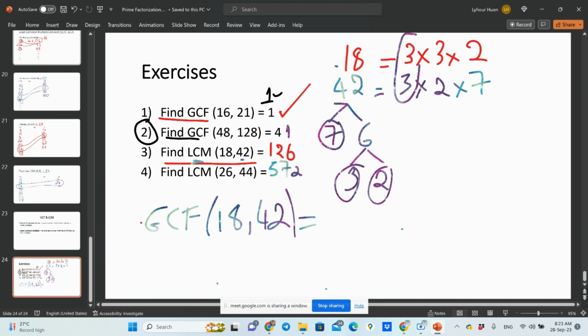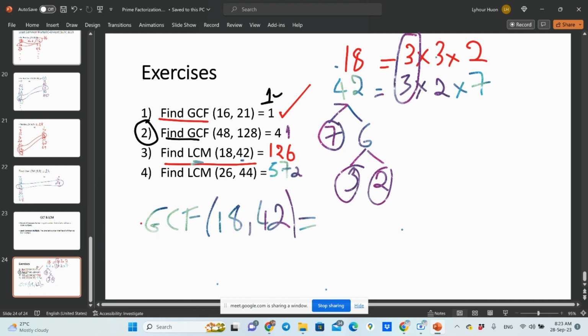3 and 3, yes. So we have one pair in common. How about these 3? No. Do we have any other common pair? No. How about these 2? Oh, yeah. So the GCF of 18 and 42 will be 3 times... no, not 3 times 3.